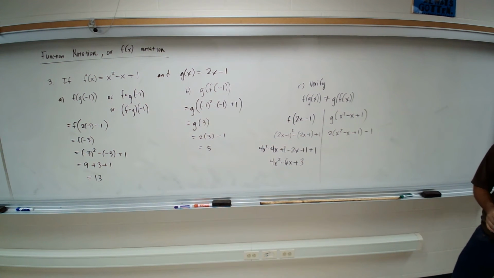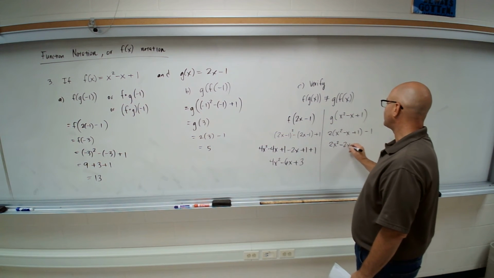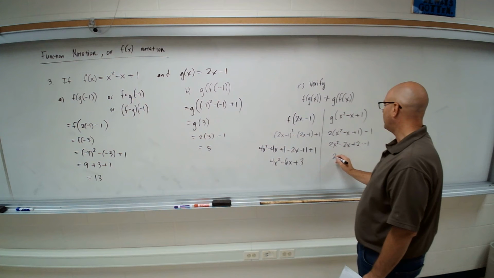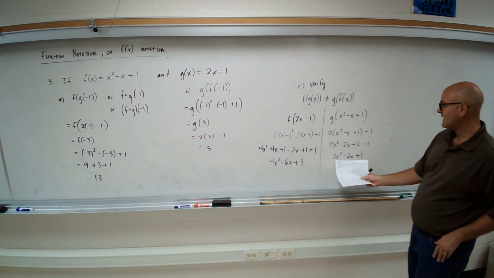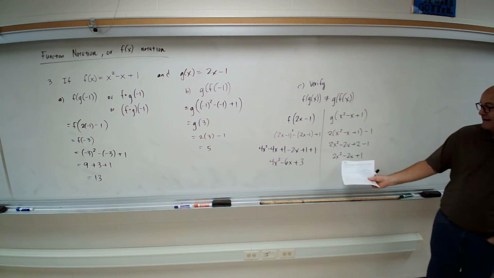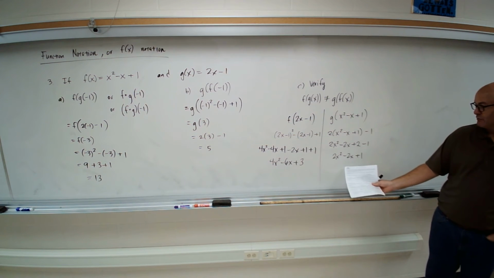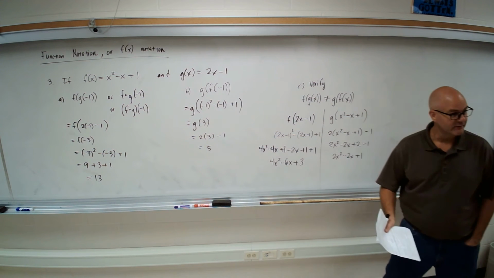Again, we pulled that x out, replaced it with a parenthesis. 2x squared minus 2x plus 2 minus 1. So 2x squared minus 2x plus 1. Again, just to verify, if you put -1 in here, you'd get 2 plus 2 plus 1, which is 5.